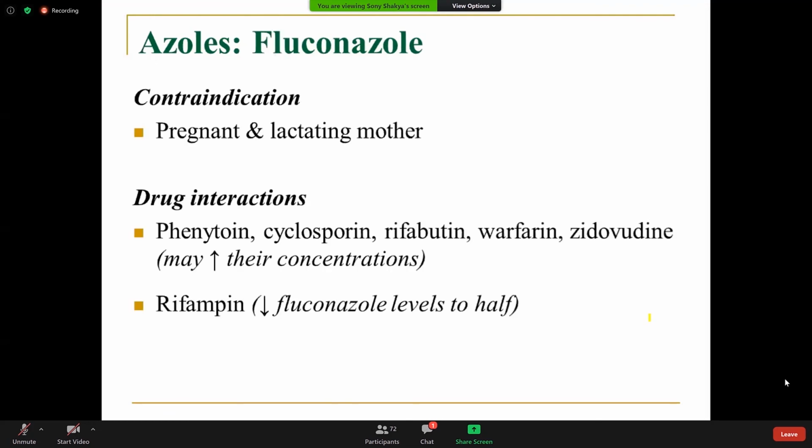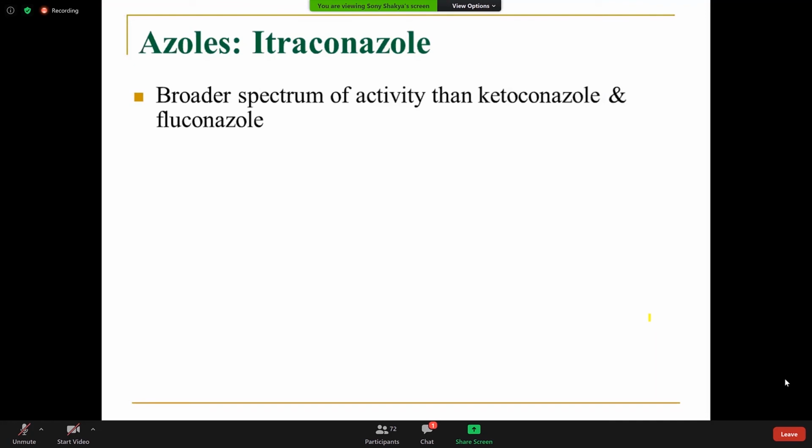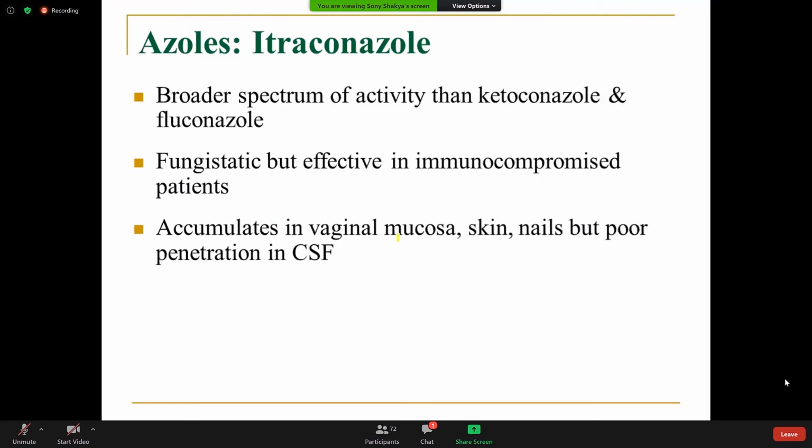So that is fluconazole. Clotrimazole, ketoconazole, fluconazole are very common. Itraconazole is a broader spectrum drug than ketoconazole and fluconazole. It is fungistatic but effective in immunocompromised patients. It accumulates in vaginal mucosa, skin, nails, but penetration is poor in the CSF.